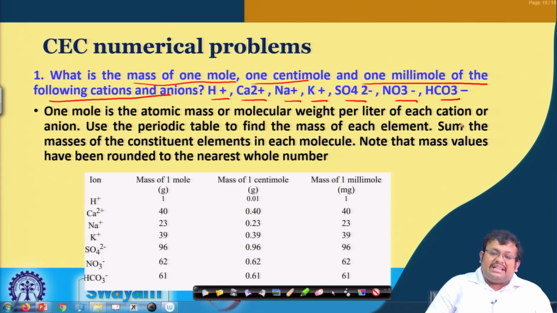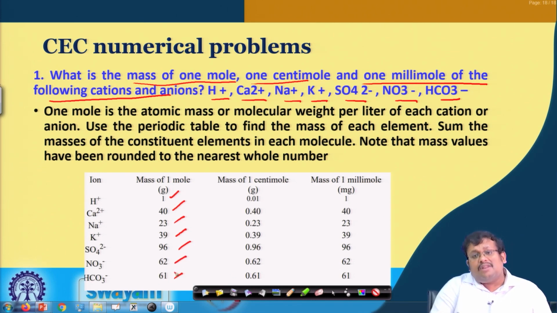From the periodic table we can easily see the mass in grams of 1 mole of these different ions. For H+ it is 1 gram, for calcium 40, sodium 23, potassium 39, sulphate 96, nitrate 62, bicarbonate 61.